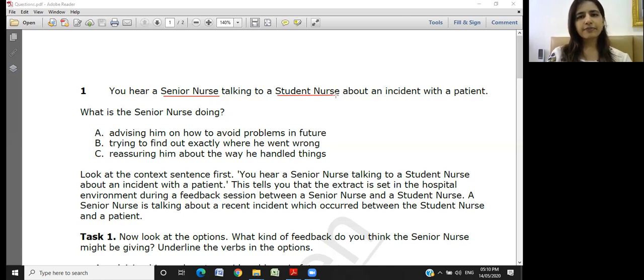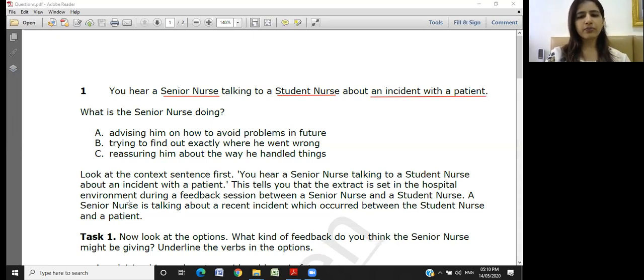You can expect that it must be giving some instructions or advice. Now we also have a background that it is about an incident with a patient. That means this cannot be about explaining a procedure, or explaining a protocol, or giving instructions on something, but this is more likely to be a feedback, right?